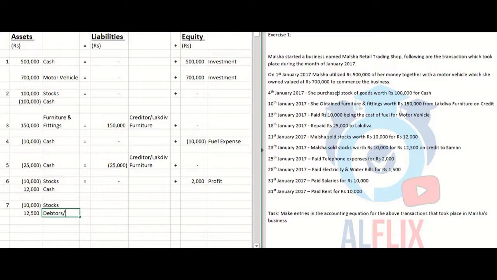This will be equal to nil value of liabilities since there is no obligations, plus also, if you note here, there is a profit made of rupees 2,500 by Malsha Trading. So the profit would increase equity by rupees 2,500 in terms of profits.